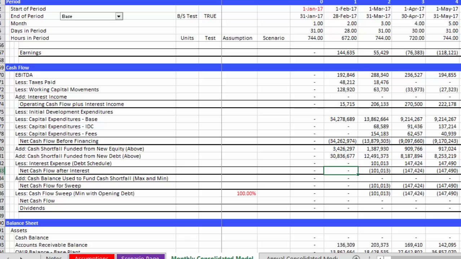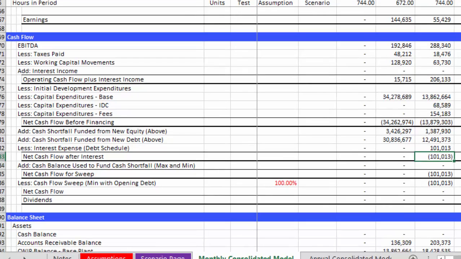So what should have happened is, the first thing is, this amount, I can't even talk about this. It's really horrible.